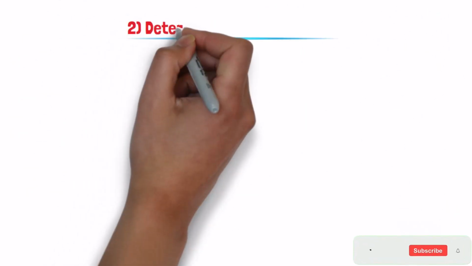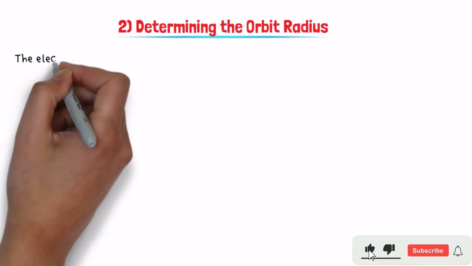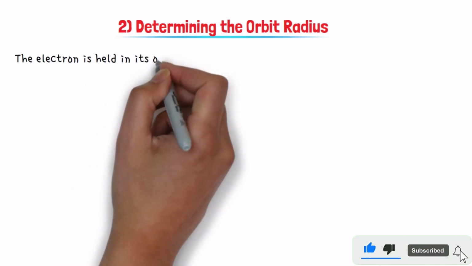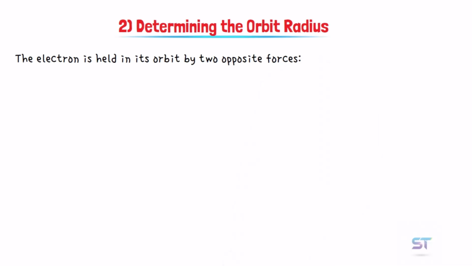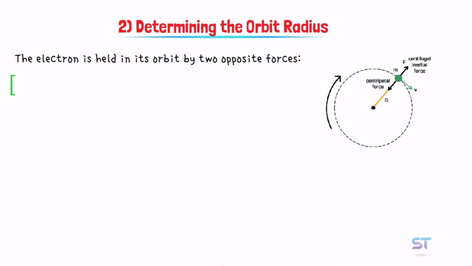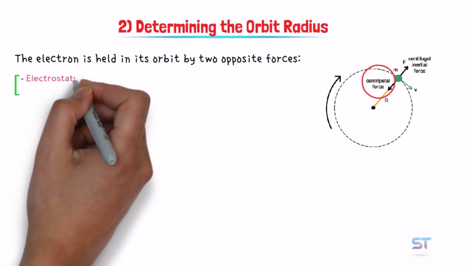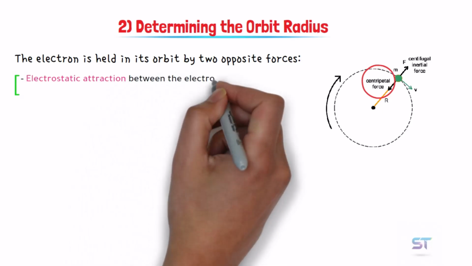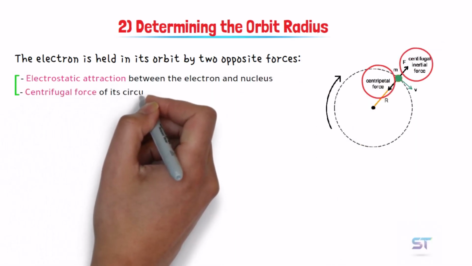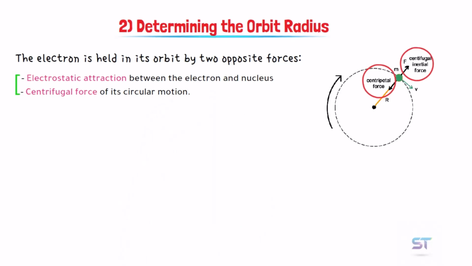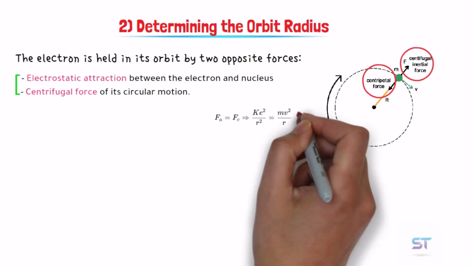To determine the orbit's radius, the electron is held in its orbit by two opposite forces: the electrostatic attraction between the electron and nucleus, and the centrifugal force of its circular motion. Attraction force equals centrifugal force, given by this relation.